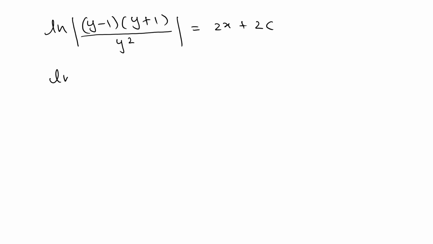So the numerator you can write as y squared minus 1 over y squared, and on the other side you have 2x plus 2c.